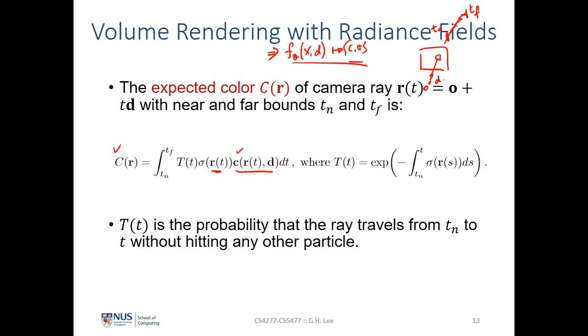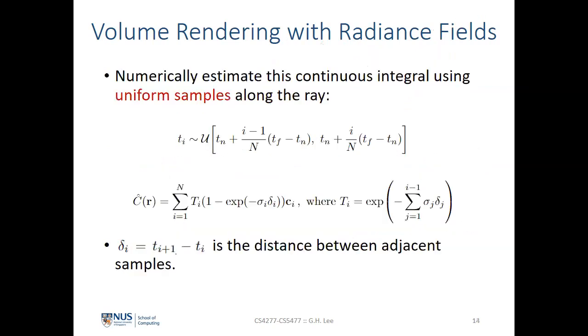So one way of resolving this problem would be to numerically estimate or approximate this continuous integral using uniform samples along the ray. This means that we can convert the integration into a summation. I will skip the derivation, but if you are interested, you can look at the supplementary material of that paper.